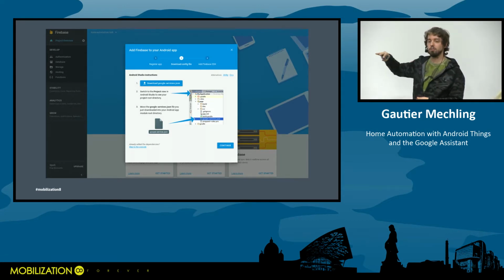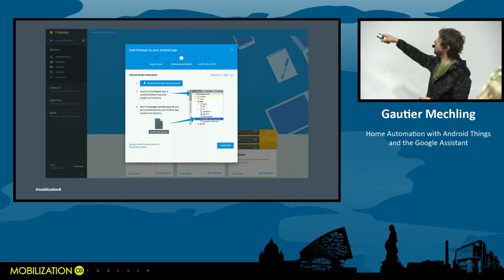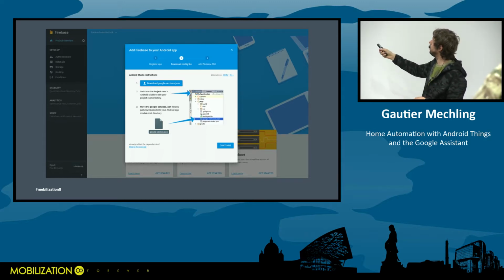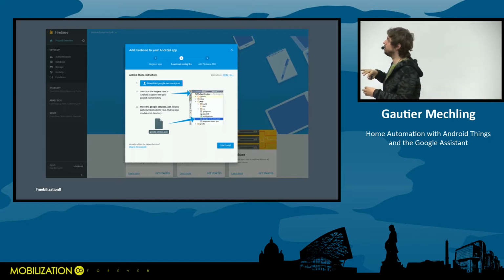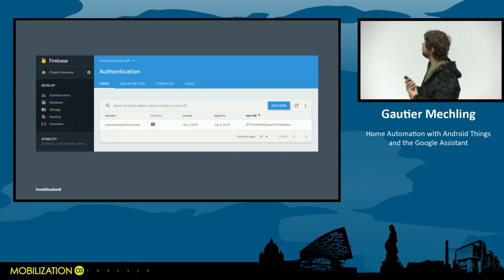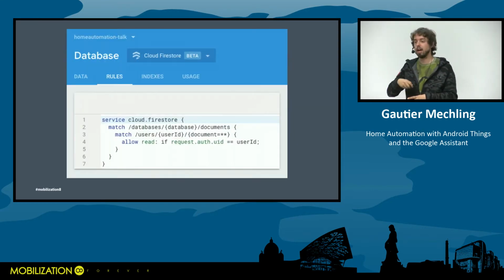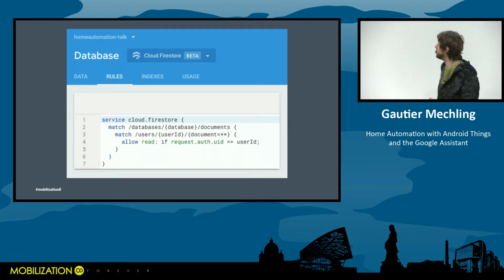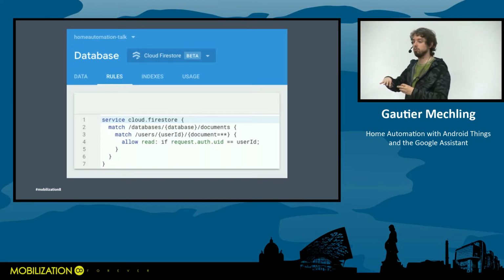Then, if you are familiar with Firebase Cloud Messaging, you know that you have to download the google-services.json file. You have to import it into your Android application, so it knows how to communicate with Firebase. And we will create a user for our Android Things bridge. We will add, of course, some security rules to ensure that only our Android device is allowed to query the Firebase content.